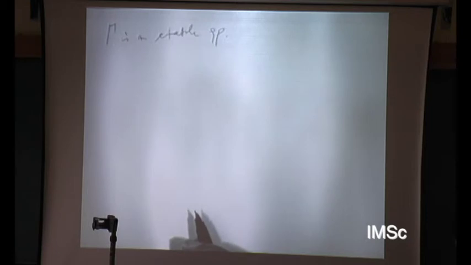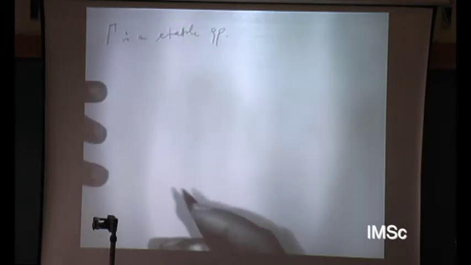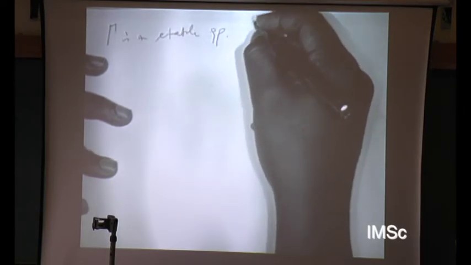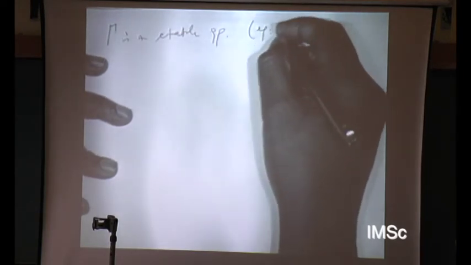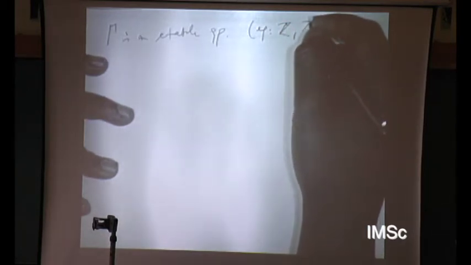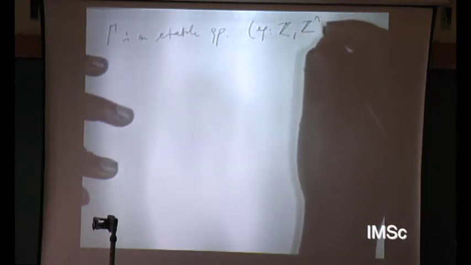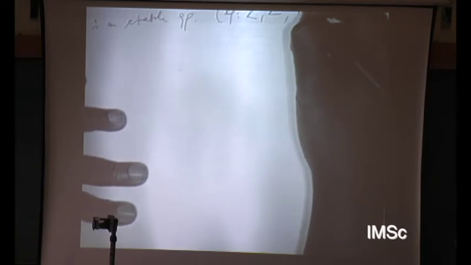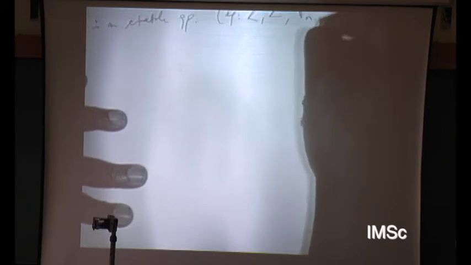So, for example, you could take gamma to be the integers. So, there are several examples. I can take integers, I can take Z to the n, or I can take the so-called free group on n generators.